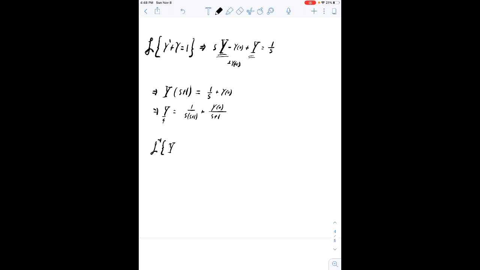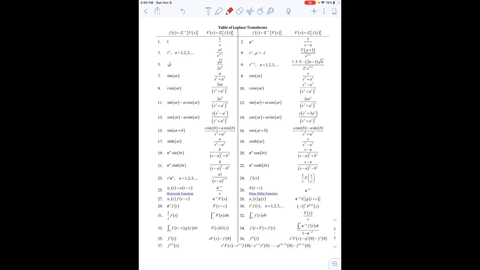The inverse Laplace of Y is just equal to y of t by definition, and that is equal to the Laplace inverse of 1 over s plus 1 plus y naught all over s plus 1. Now to solve this, we just check out a Laplace table.